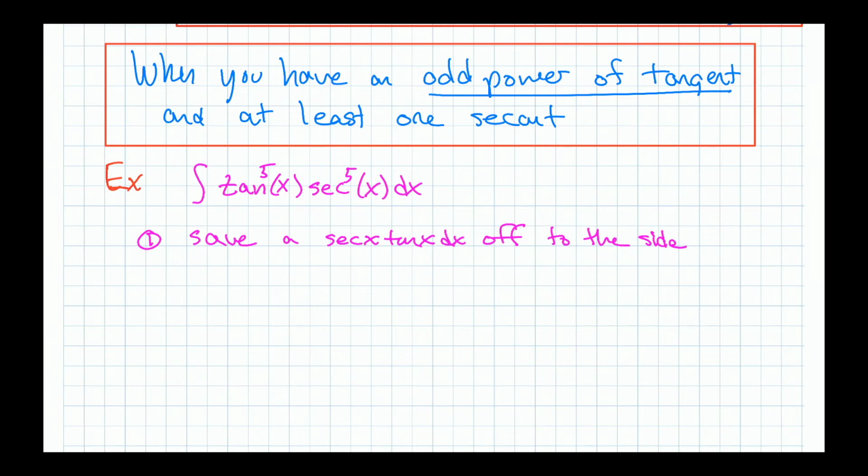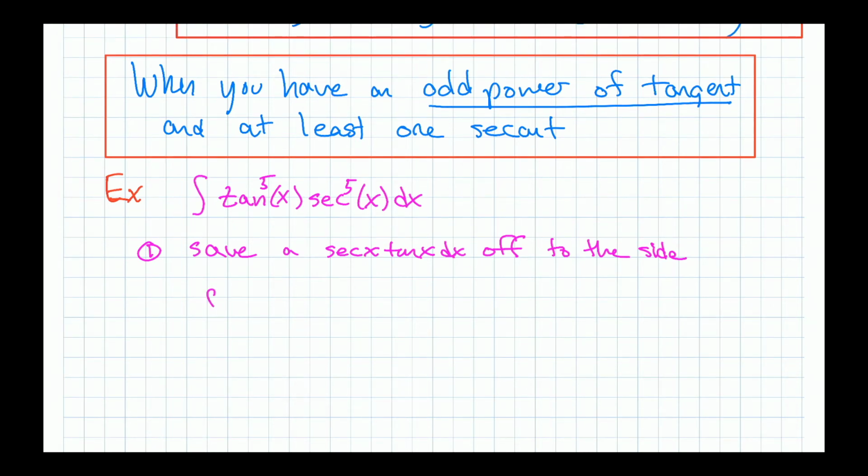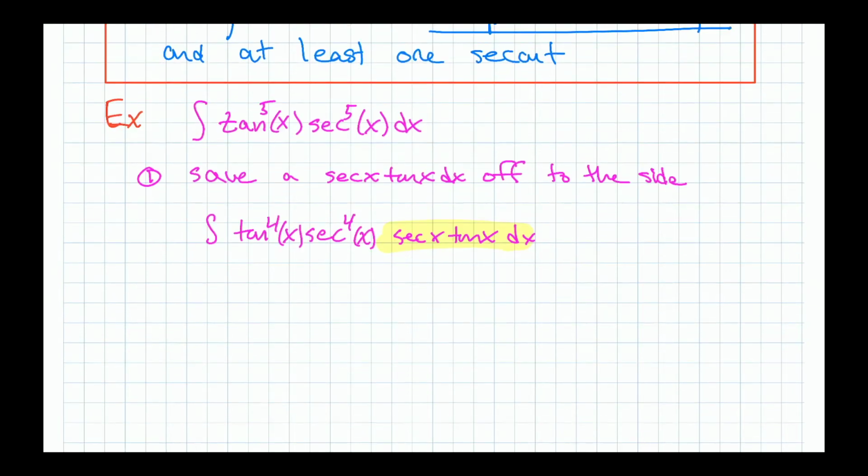So we're going to have tangent to the 4th x, secant to the 4th x, put those in parentheses, and then a secant x, tangent x, dx. And we're saving this to be my du later on.